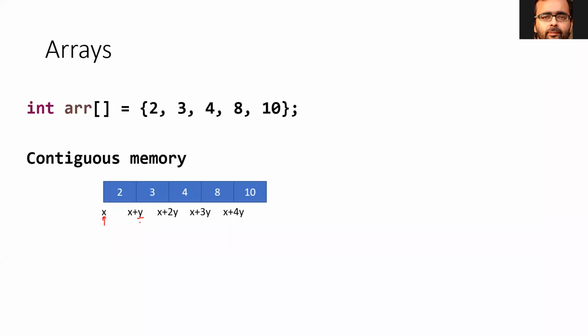For example, an integer is 4 bytes, and your address starts at 100. So you can always fetch the second element exactly at the 104th location. Similarly, the next element will be fetched at the 108th address location.